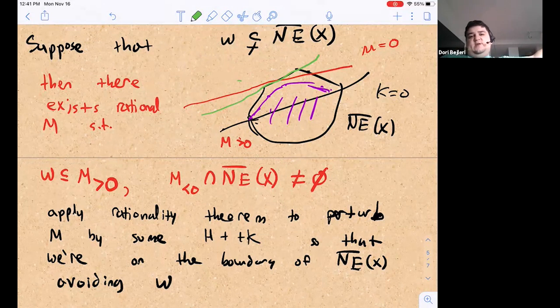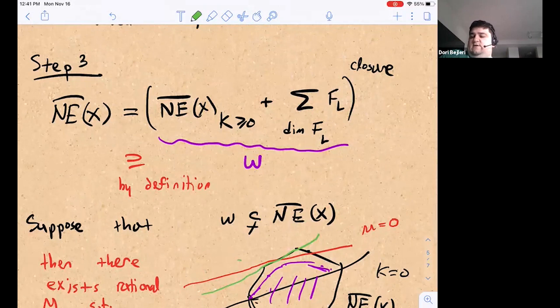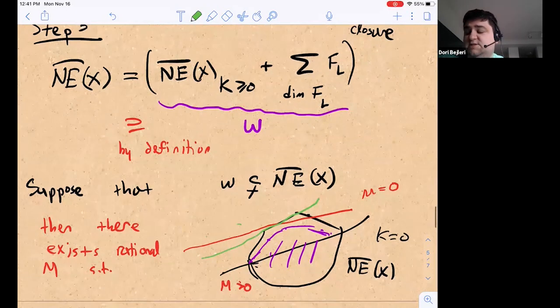But now we apply our argument again from the previous step. By the previous step, anytime we have such a face that's cut out by a Nef divisor, we can find a smaller ray that's cut out by it. But that ray is by definition inside of W, because W is exactly the closure of the span where you have all of these rays cut out by Nef divisors. So that's a contradiction.